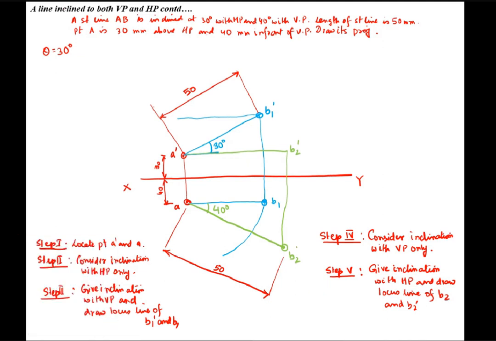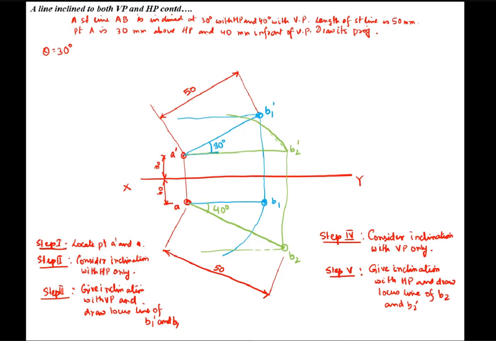What will be the locus line of B2? It will come back like this. So this will be my locus line of B2, and my locus line of B2 dash will again be a curve, taking A dash B2 dash as radius, so it will be a curve like this, right?